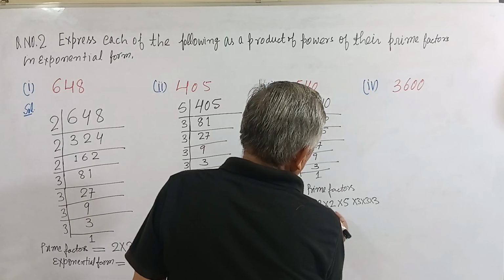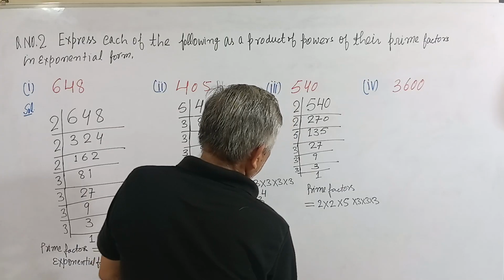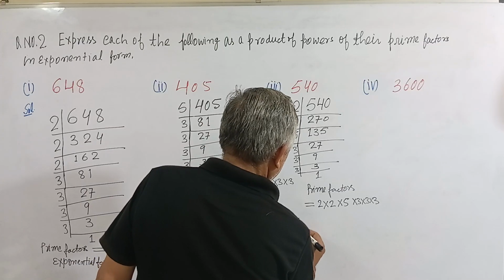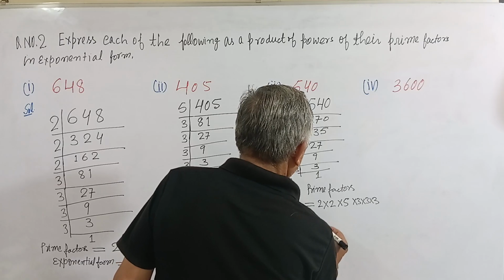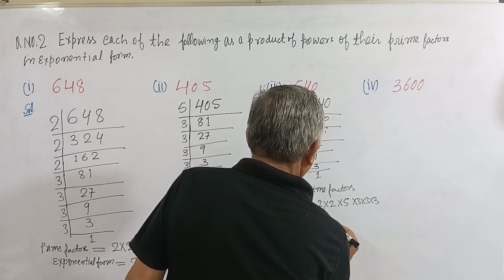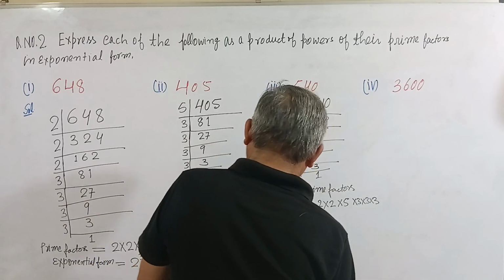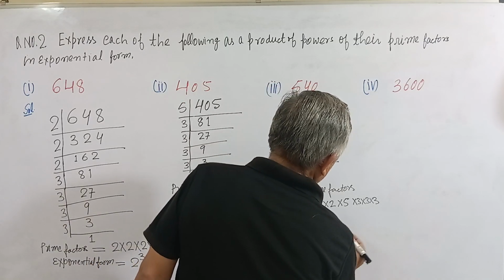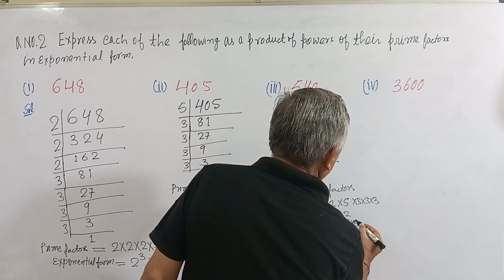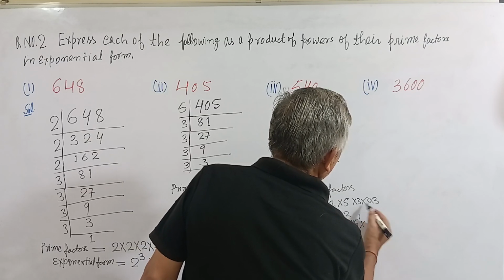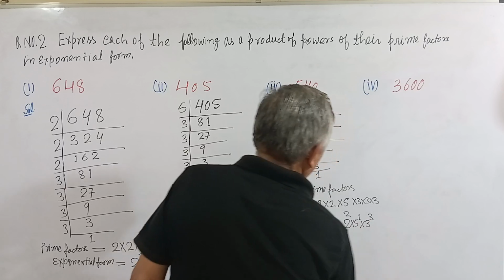So exponential form will become 2 to the power 2 into 5 power 1 into 3 power 3. So this will be our answer.